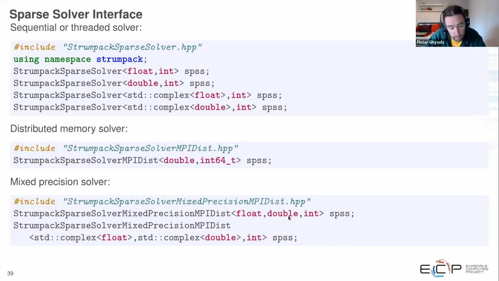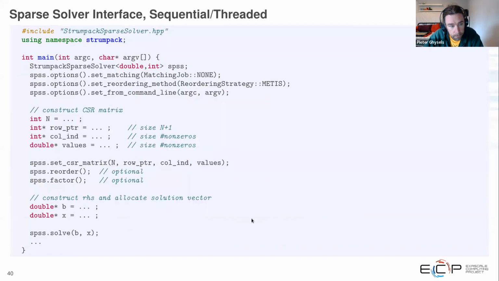So this is the refinement precision. So we can then run the iterative refinement or preconditioned GMRES or BiCGStab with the single precision factorization as a preconditioner. So your input and output can be in double, but internally it will compute the preconditioner in single precision.